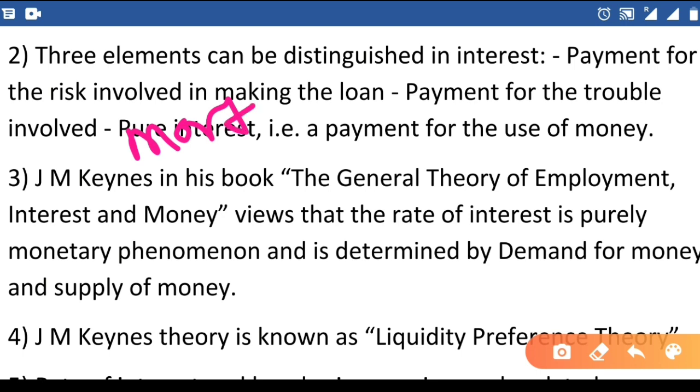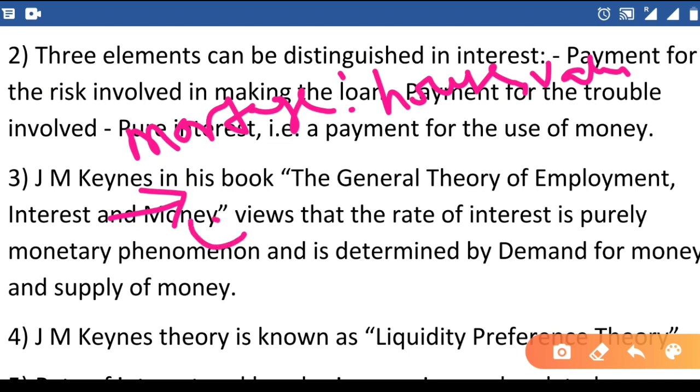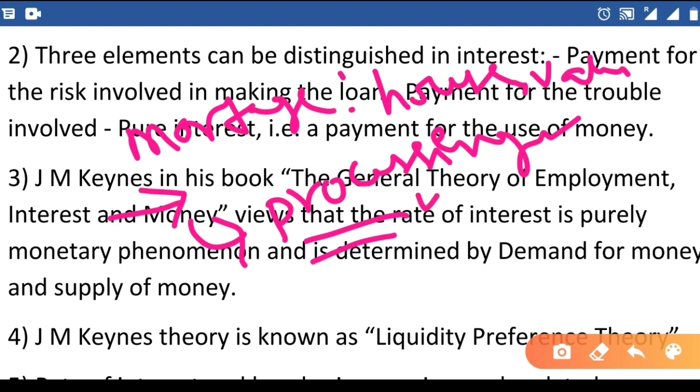In a mortgage loan, we have to visit the customer's house or property and do the valuation. That's why the processing fee for this valuation is very high. So this is nothing but the risk involved in making the loan.